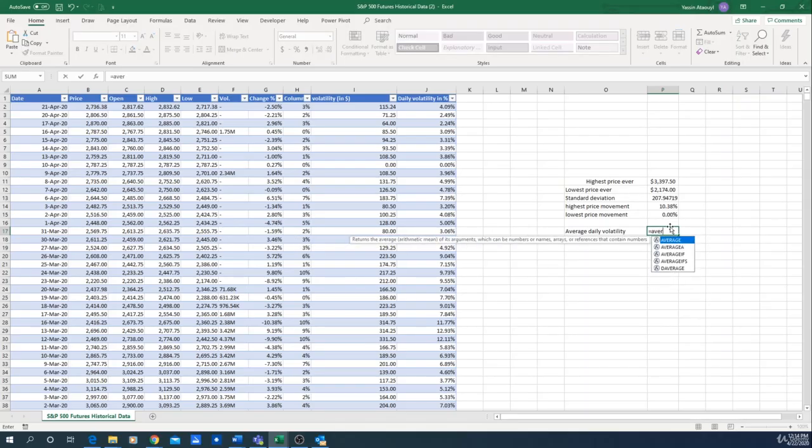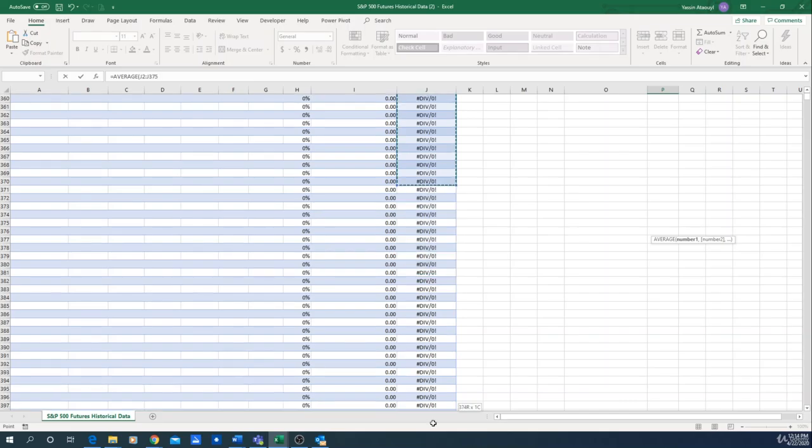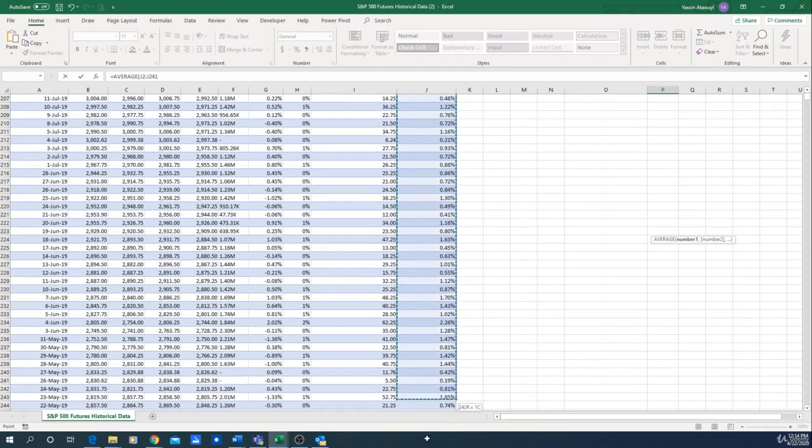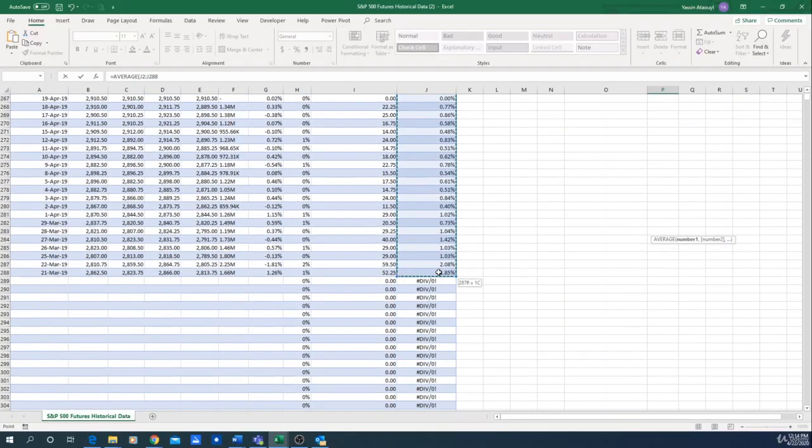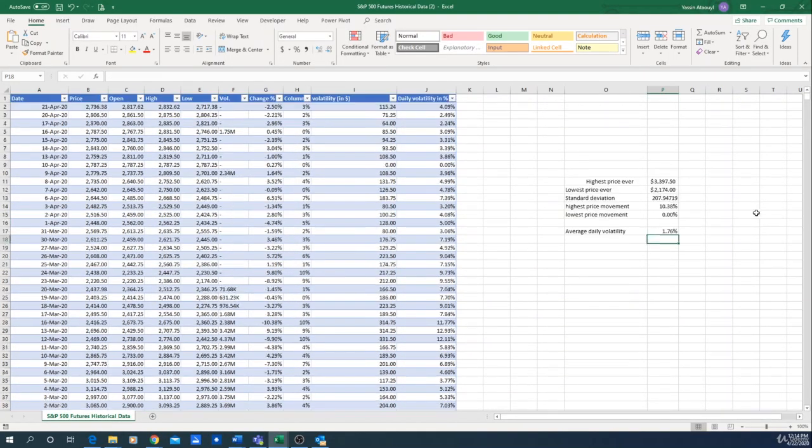We will simply use the average and calculate the average of all our values. And as you can see, the average daily volatility is around 1.76%, which is an interesting price movement on a daily basis.